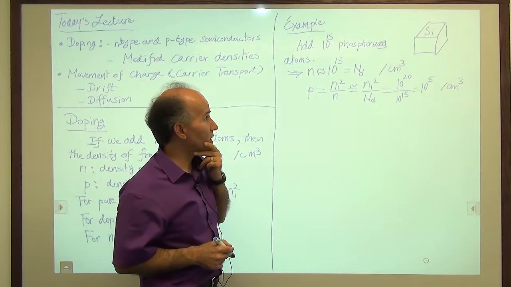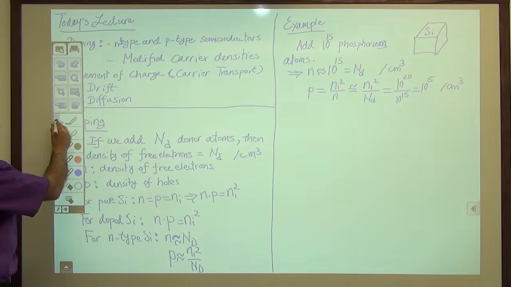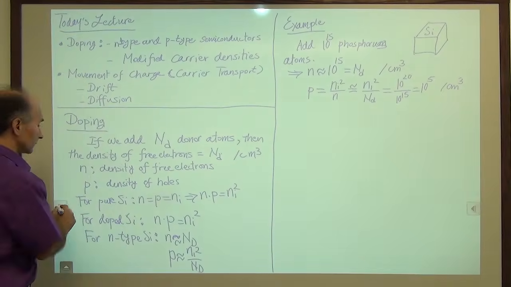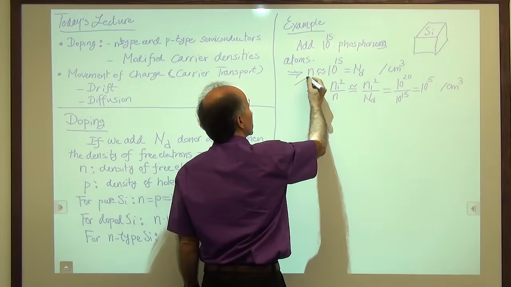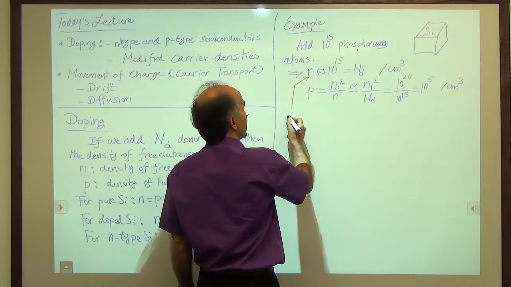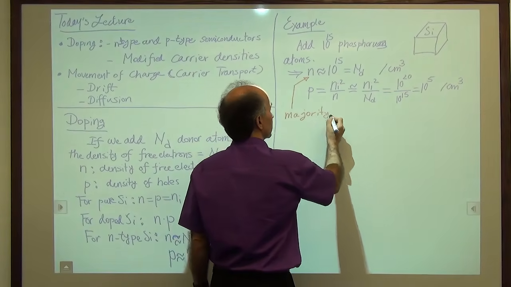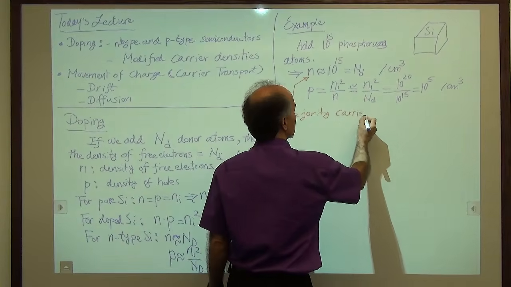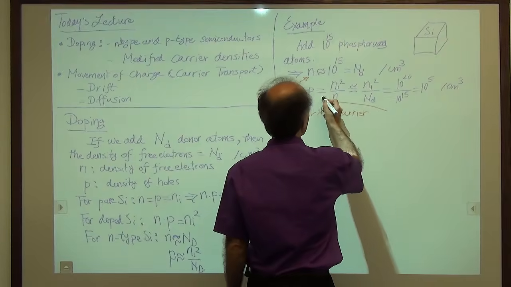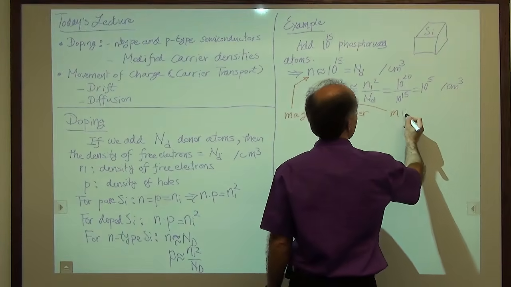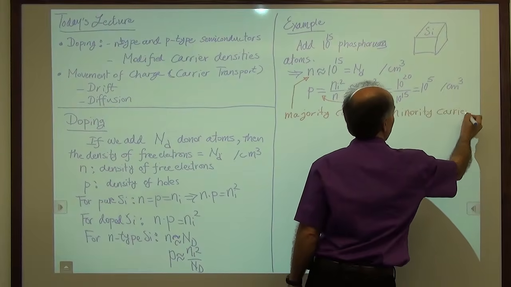And then it's not surprising if we come along and say, I will change the color of my pen to red. It's not surprising if for this N-type material, we call N the majority carrier, and P the minority carrier.